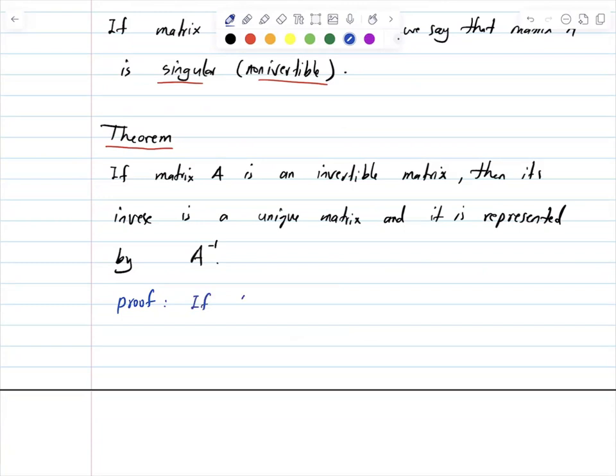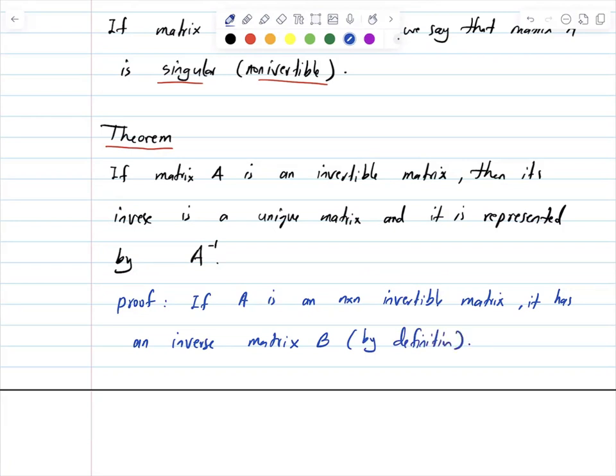If A is an n by n invertible matrix, then it has an inverse like matrix B. This is by definition, right?